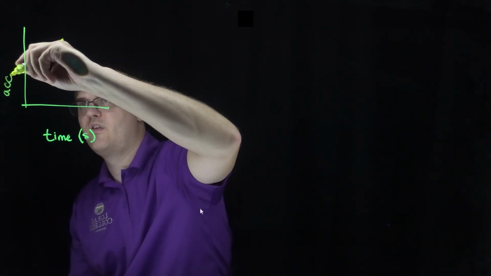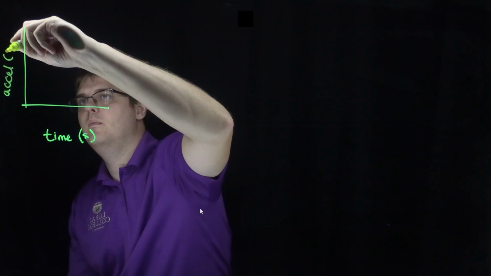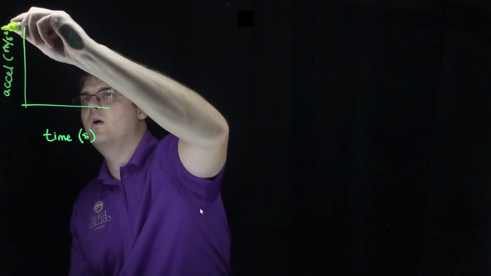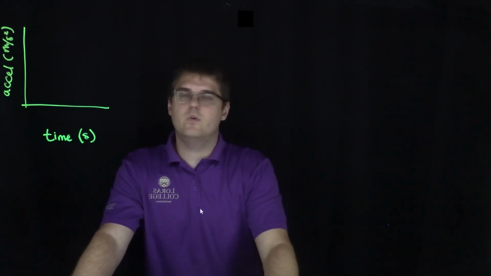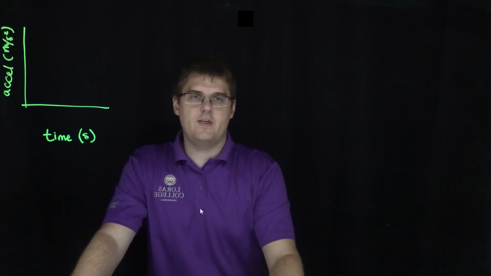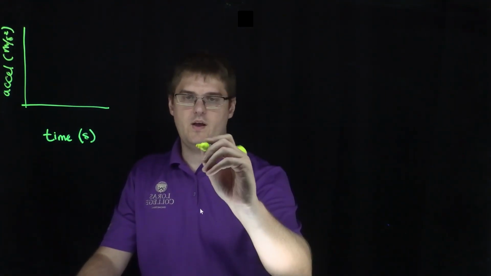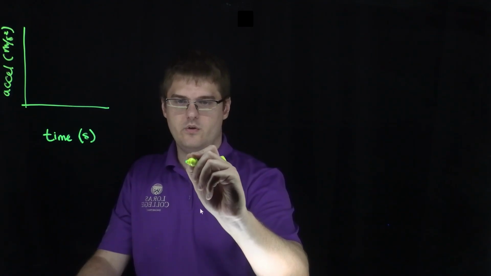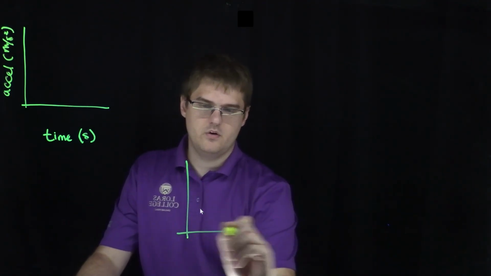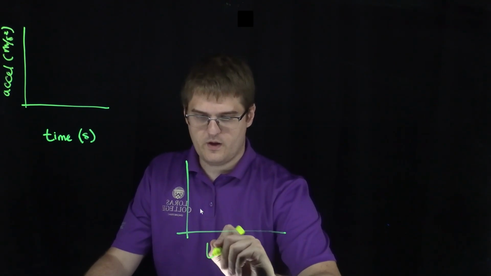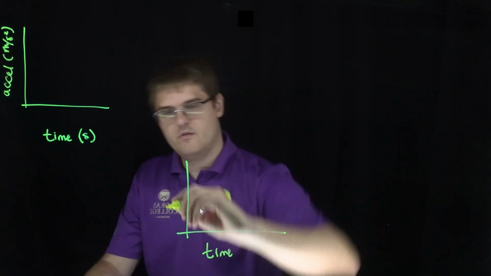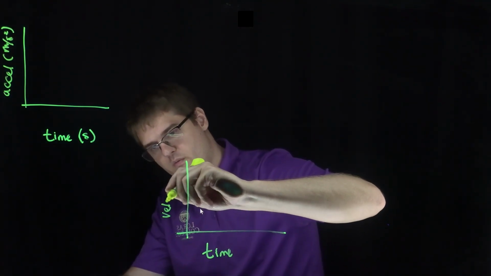Acceleration in meters per second squared. We'll move that in, and I'm going to go down so that I've got space for my face here. And we will have time versus velocity.